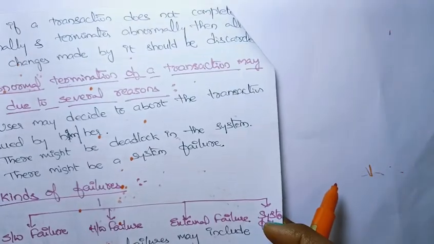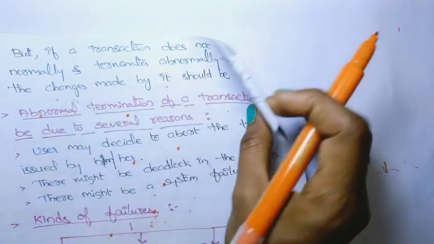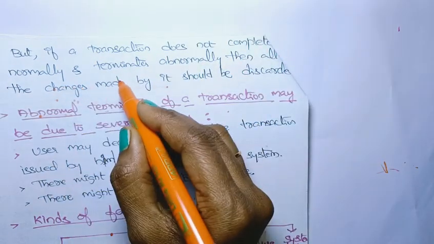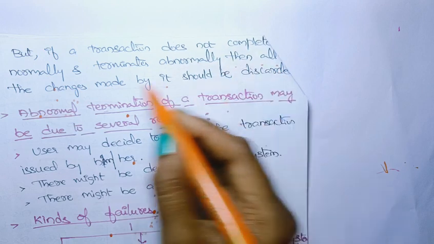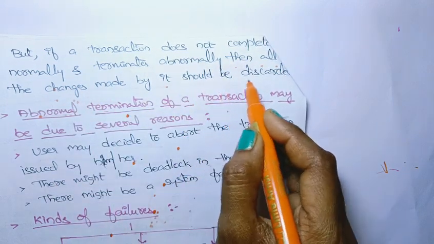Next one, but if the transaction does not complete normally and terminates abnormally, then all the changes made by it should be discarded.